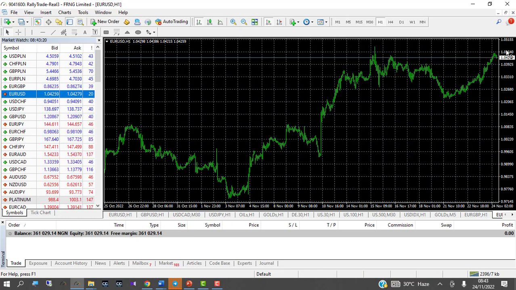You can trace it to this level. This is the price. Then on the 21st November, you can see that the market moved down. That means the price fell. On that 21st November, the price is now this lower price. The chart is showing you changes in price with respect to time.